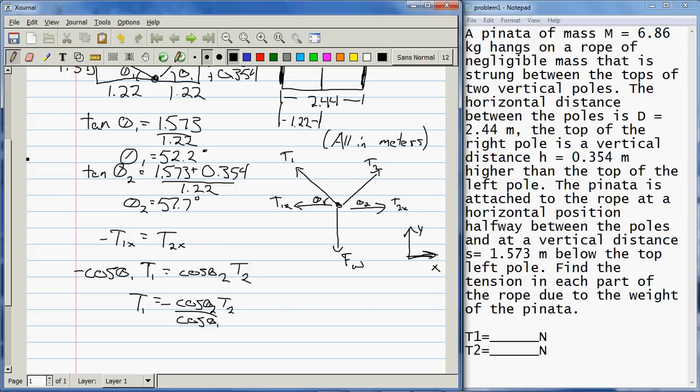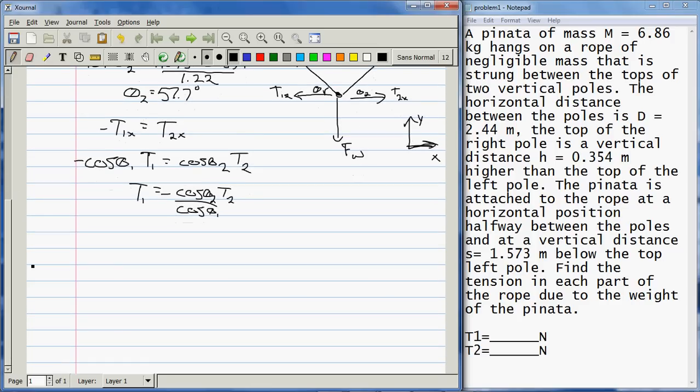Alright. Now, this is as far as I'm going to get for this part, because I don't have another equation. I have two variables, one equation. I can't solve this. So now, I have all my forces in the y direction. So this will be the T1 of y plus T2 of y minus the F of W is equal to 0.